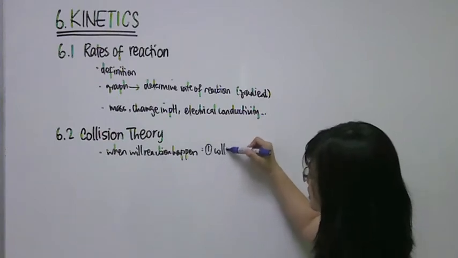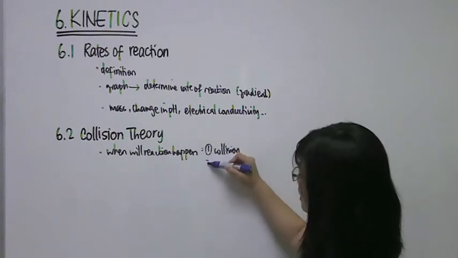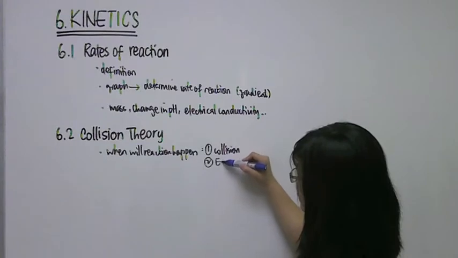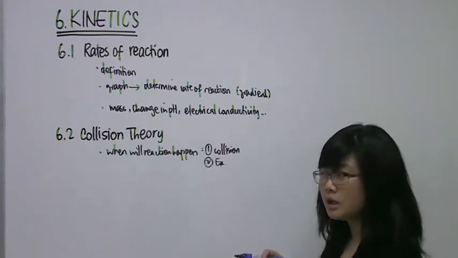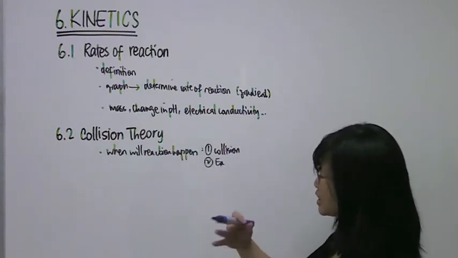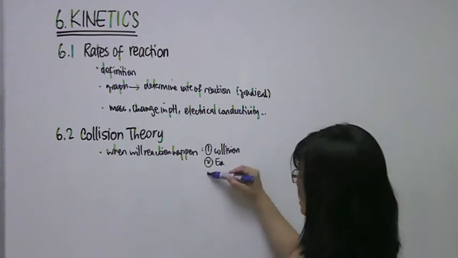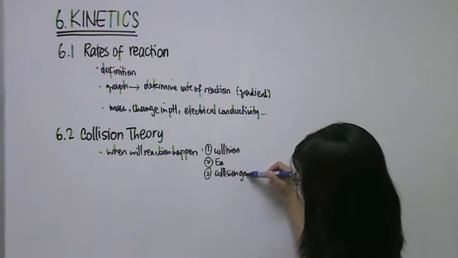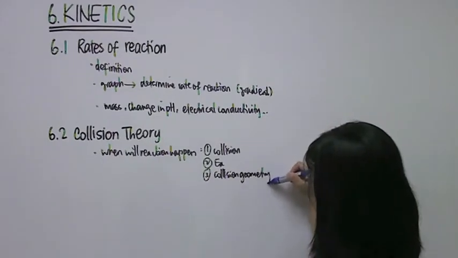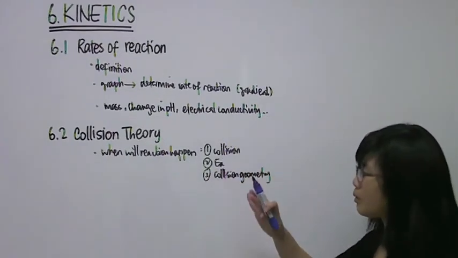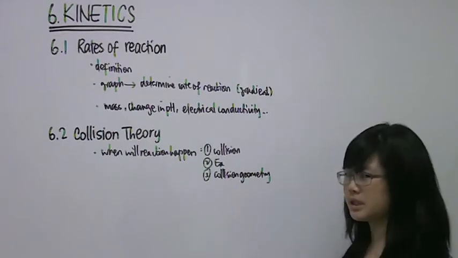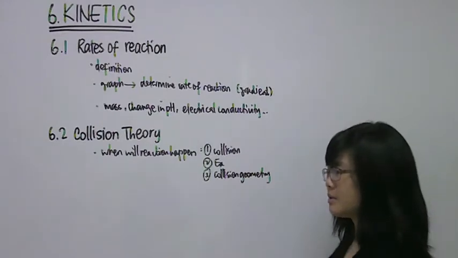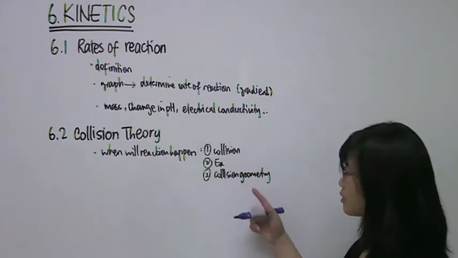There must be collision, there must be enough energy, or the energy must be over the activation energy. And the third one, they must collide with the correct collision geometry. I believe the first two were already discussed in maybe O-levels or IGCSE, but the third one is something new.